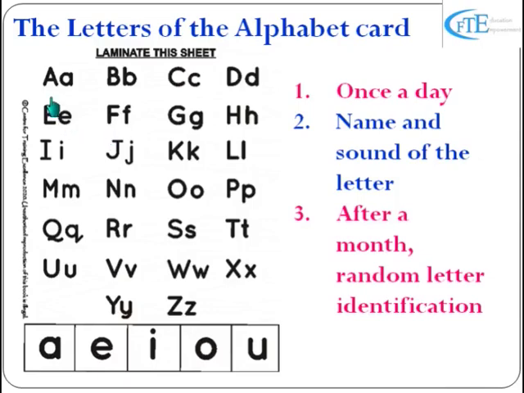Notice how we have the uppercase and the lowercase together. It is important that the toddler realizes and understands that both the uppercase and the lowercase have the same name and the same sound.